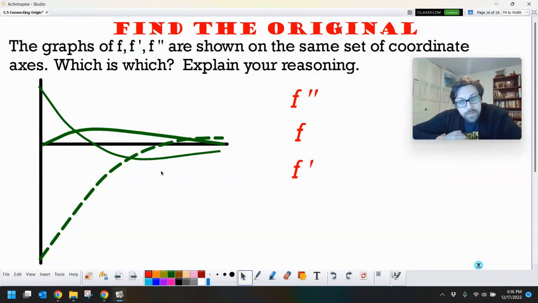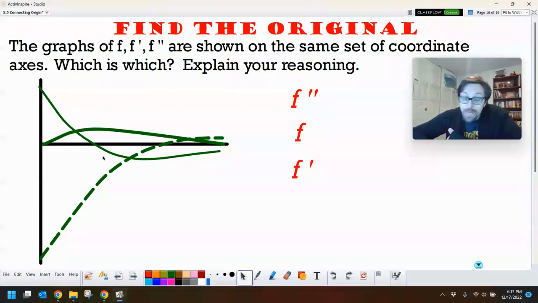In this example, there's not much going on, but one thing that I'm looking at is right here. I know that this thin line must be the derivative of that bold line. I don't know if this one is the original or the first derivative, but I know this one is the derivative of the thick line because here the thick line is switching from increasing to decreasing.